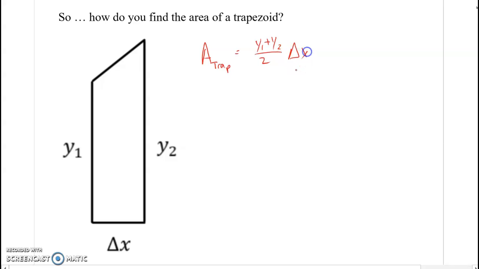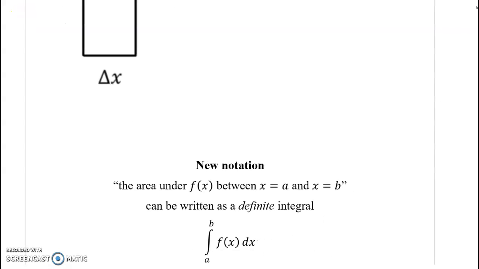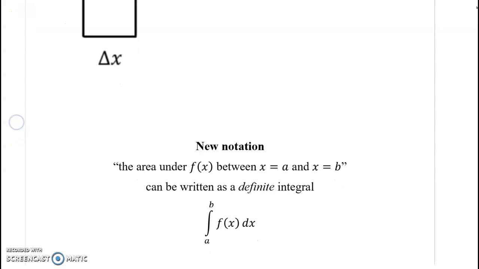It's generally nicer to factor out that 1/2 and have y1 plus y2 and then times delta x. And that's going to give us the area of your generic trapezoid. So we'll give this thing a try in a minute, but first let's learn this new notation. This should look a little bit familiar to you, but we now have numbers here and here.